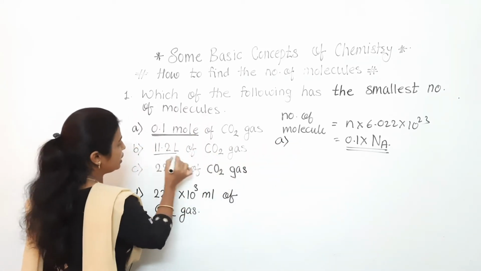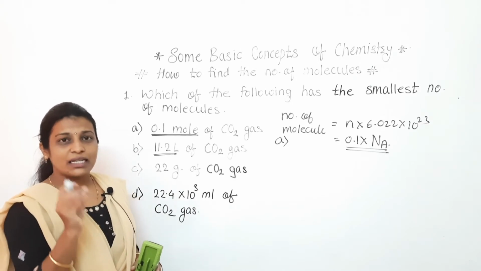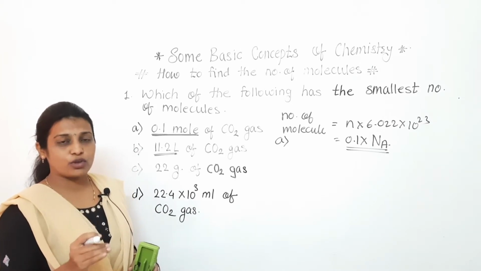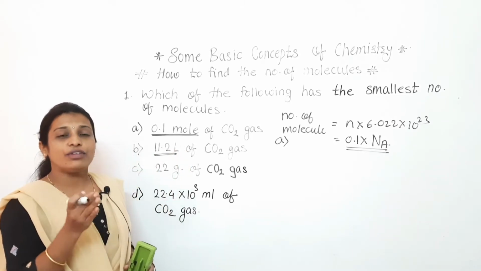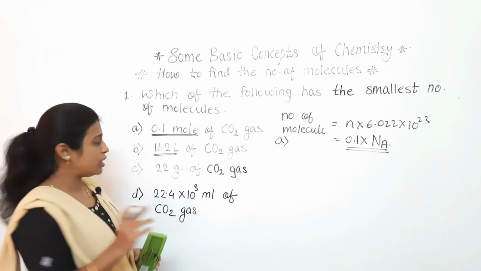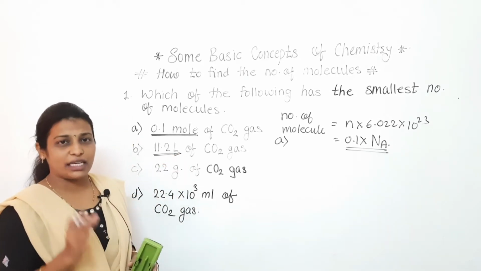What about option B? In that they have given 11.2 liter. If a unit like liter, ml, decimeter cube or centimeter cube is there, we have to consider that they have given us volume. Now see, volume is given in liter, so no need to change anything in the formula.